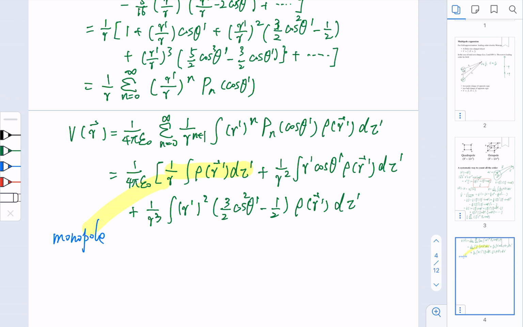And then the second term here we call a dipole, because it decays as 1 over r squared, and likewise we call the last term the quadrupole, because it decays as 1 over r cubed.